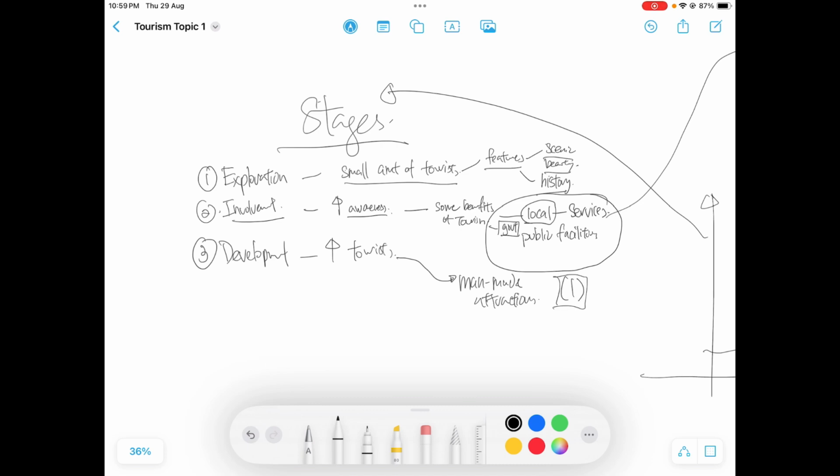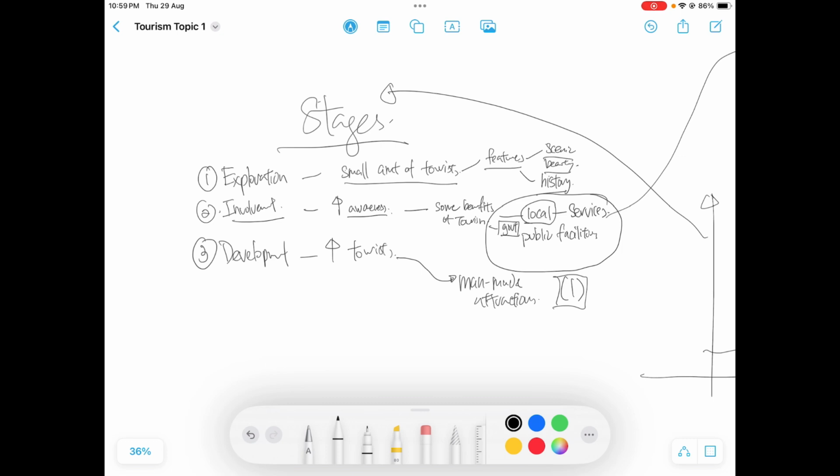Tourists are attracted by man-made attractions. What are some examples of man-made attractions? It could be hotel chains, casinos, theme parks, and so on and so forth, right?